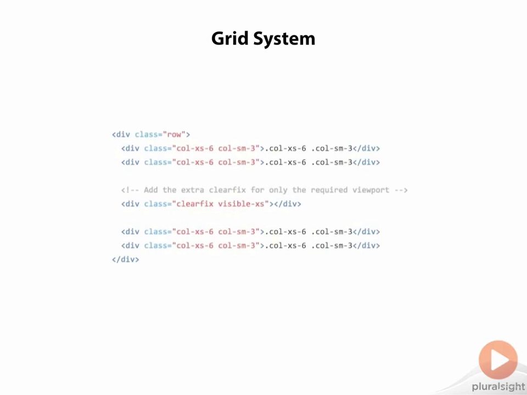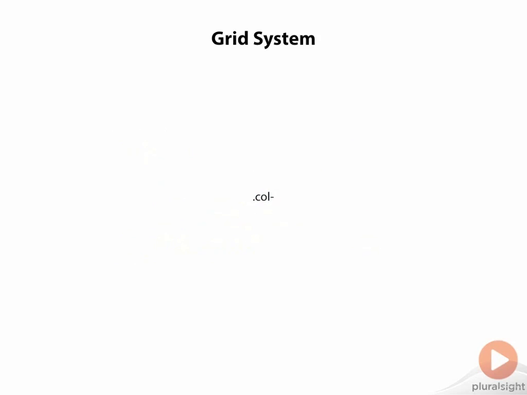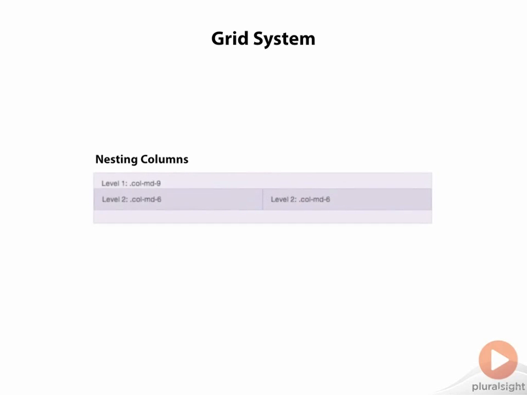Offsetting columns will push objects to the right a specific number of columns. These are structured like regular column classes, prefixed by col, then the viewport size, then offset, and finally the number of columns. Columns can be nested too. In this case, you'd start with a row class.